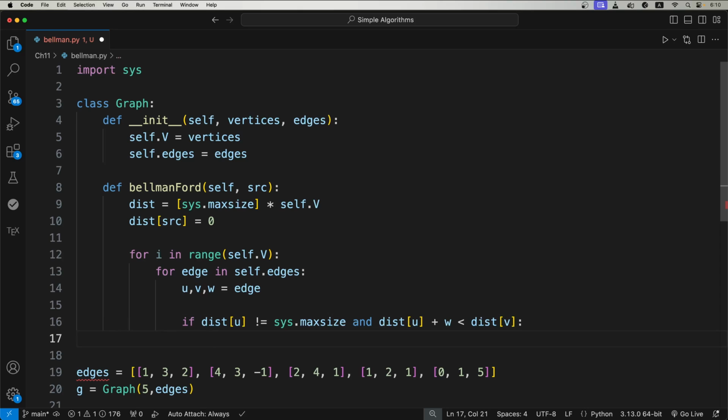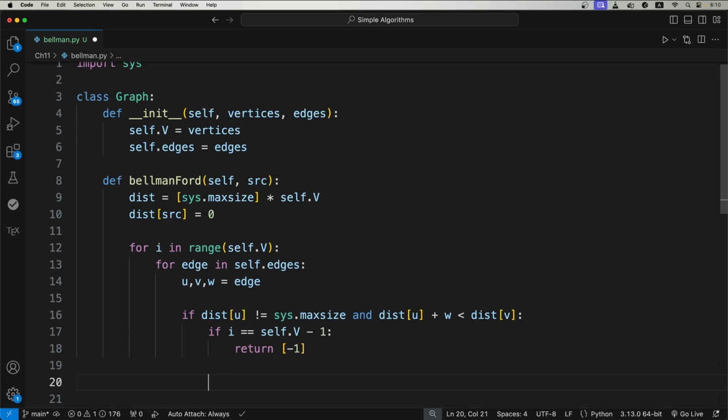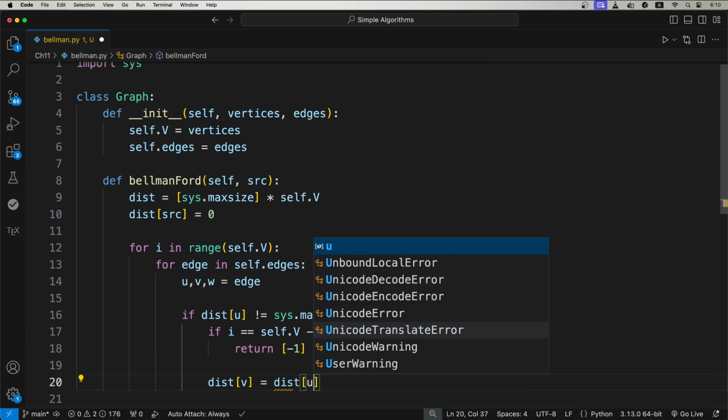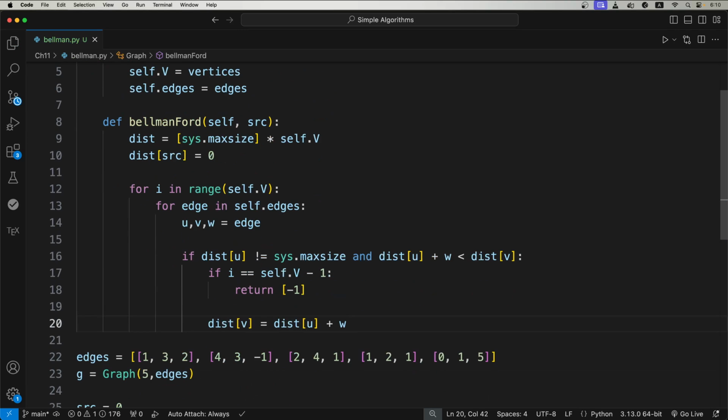And if it is, then generally what we would say is, well, if i is equal to self.v minus 1, we are not going to take it. We'll return a negative 1 here. Otherwise, the distance to v, we're going to update to say that it's the distance to u plus w. So you can see generally each time what we're really doing is we're just trying to find the shortest possible distance to connect together these two nodes.